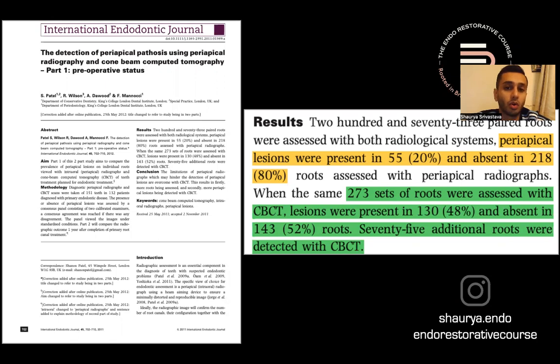So there's no doubt that CBCTs are more accurate and we should be using them to know exactly what we're dealing with. Because, for example, the size of a lesion will tell you what the success may be. There's a study from Ng et al. between 2008 and 2011 on the prognostic factors as well as success factors for routine endodontic treatment.